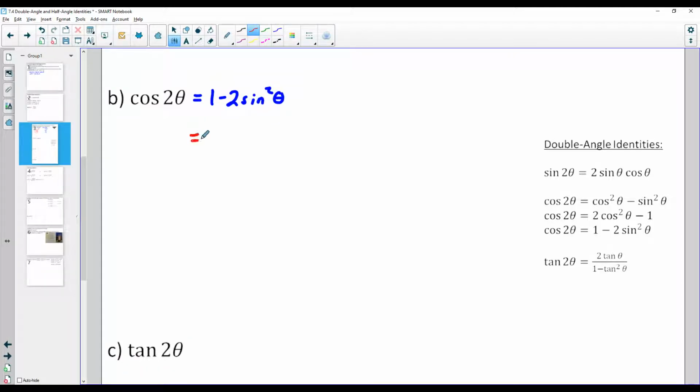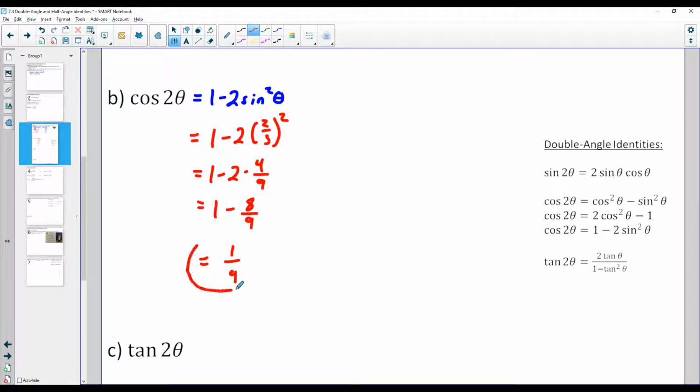And when I do that, I get 1 minus 2 times sine, which was 2/3, squared. 2 squared is 4, 3 squared is 9. So then I get 1 minus 8/9, or 1/9. So that's what cosine of 2 theta would be in this case.